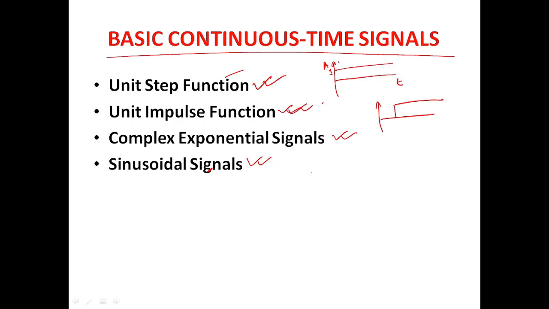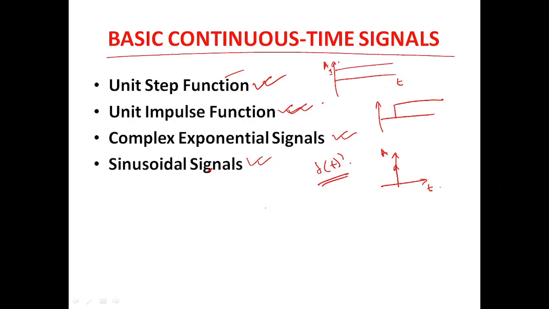In the unit impulse function we have already discussed delta t, right? So what is delta t? Delta t is nothing but an impulse signal at t equals 0.